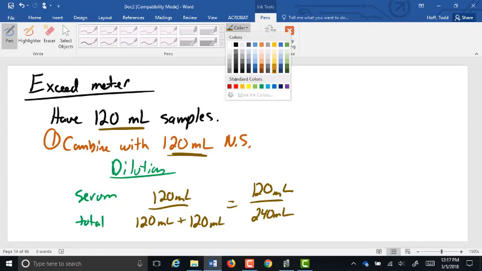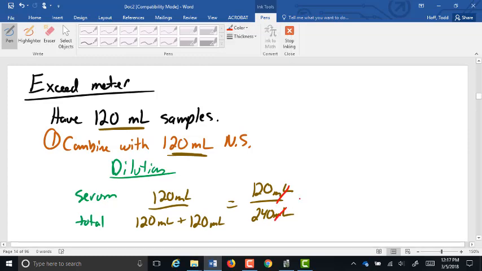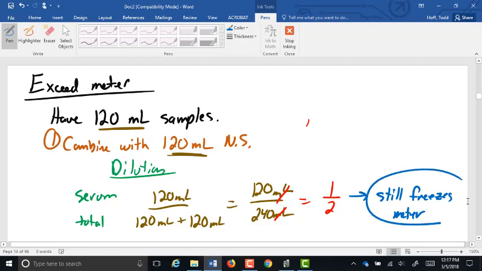And many of you are probably ahead of me already. I've already reduced this. That's a 1 in 2 dilution. Well, what if we test that and it still freezes? So the meter still won't take that.